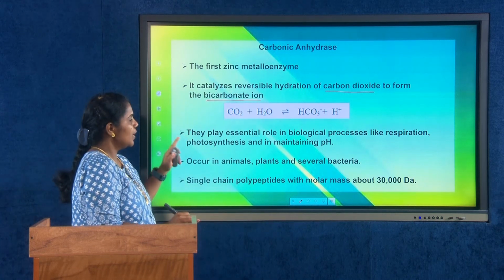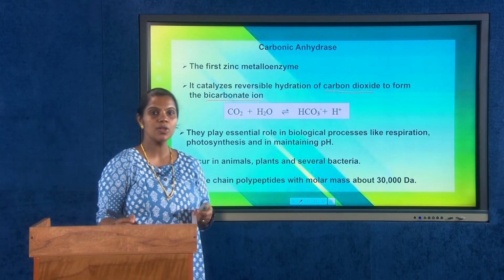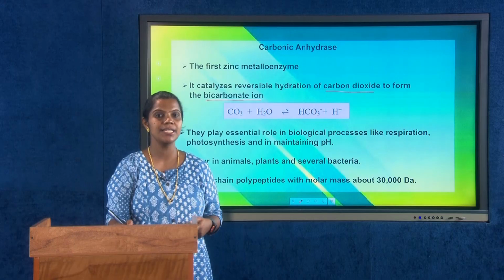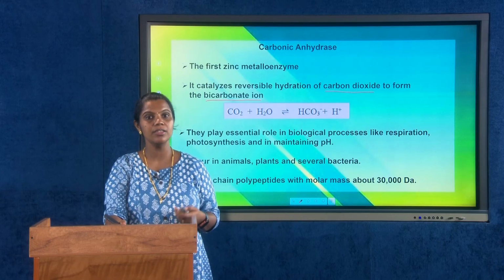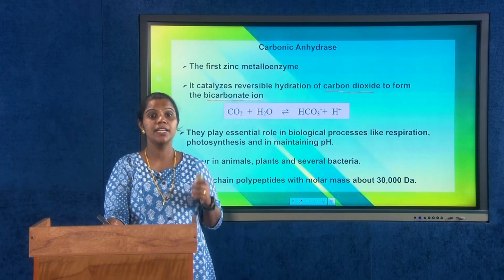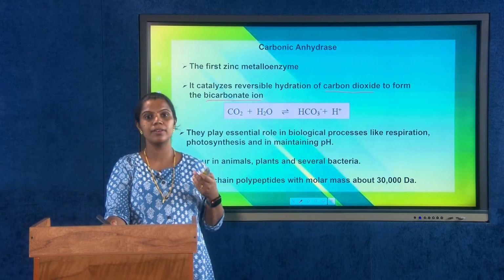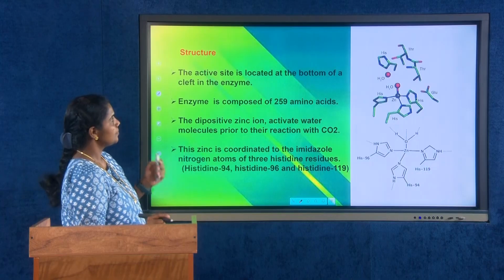They play a very essential role in biological processes like respiration, photosynthesis, and help in maintaining pH. The carbonic anhydrase enzyme occurs in animals, plants, and several bacteria. It is a single chain polypeptide with molar mass about 30 kilodaltons.